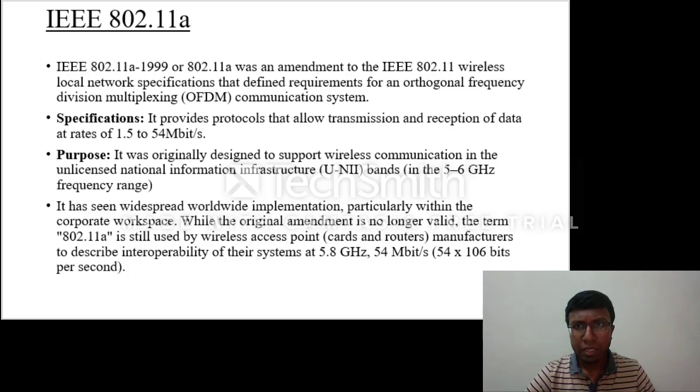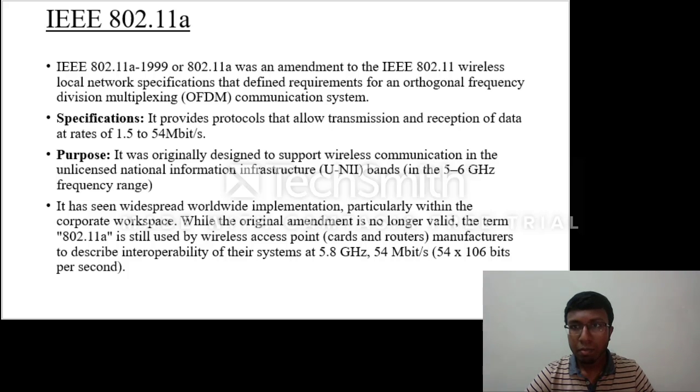Its specification is that it provides a protocol that allows transmission and reception of data at rates of 1.5 to 54 Mbps. Its purpose is that it was originally designed to support wireless communication in the unlicensed National Information Infrastructure bands. It has seen widespread worldwide implementation, particularly within the corporate workspace.